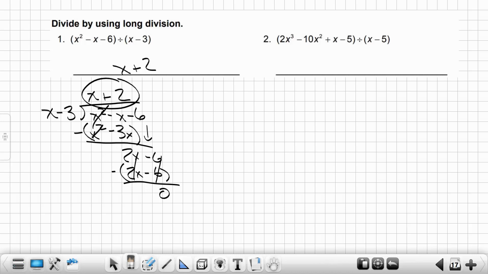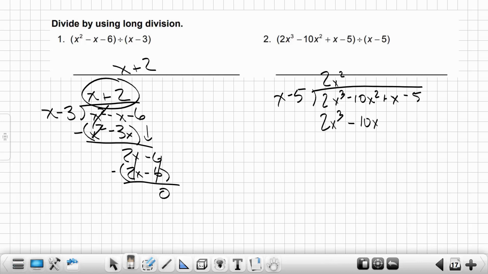All right. So number 2, x minus 5 going into 2x cubed minus 10x squared plus x minus 5. Okay, 2x cubed divided by x is 2x squared. Distribute. So here, Josiah had a question about this. Both of these cancel. You need to have as many terms as you have here. So don't just drop the x.